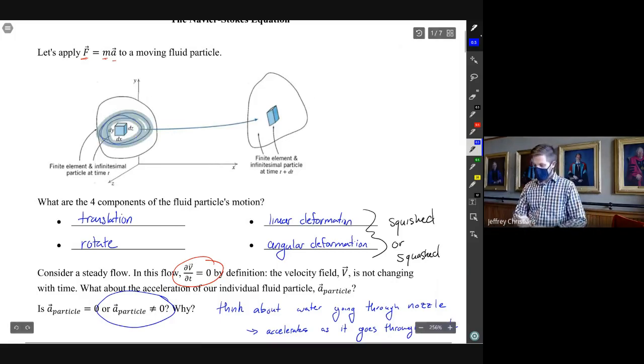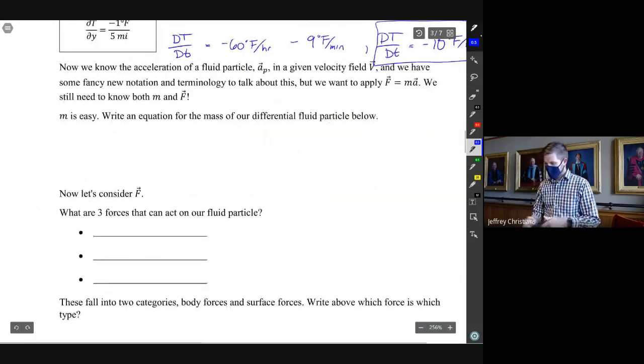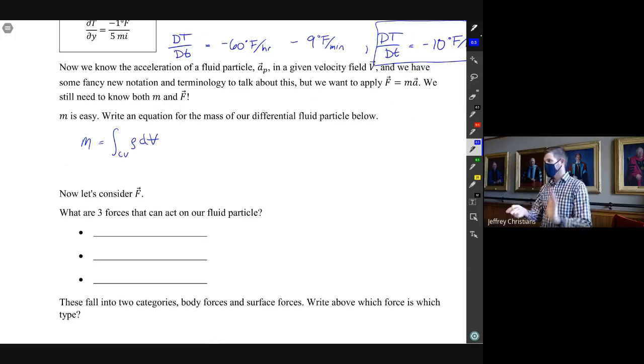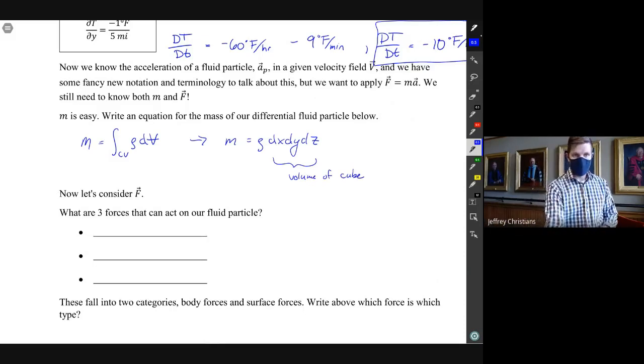So the mass of our fluid particle, integrating density over volume, we could write it fancy like that, but simply mass equals rho dx dy dz, and this is just the volume of our cube.